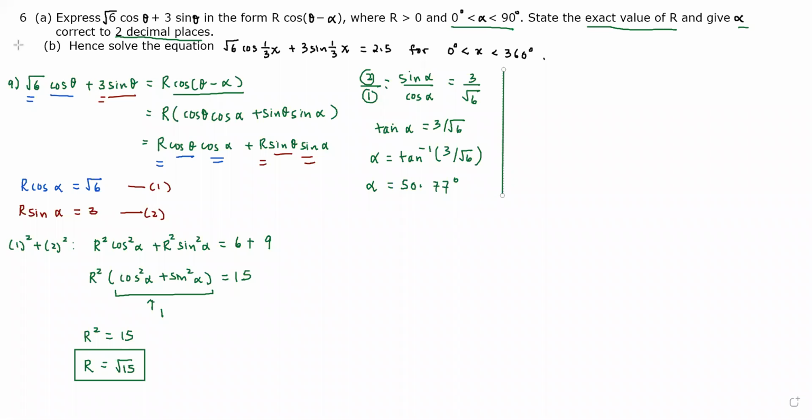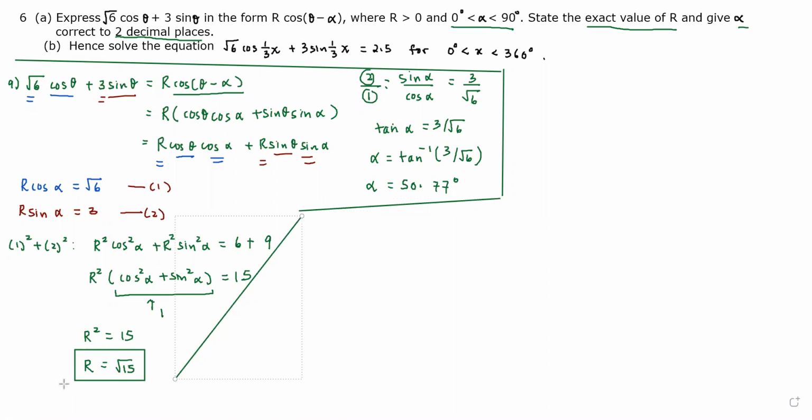Part B, we need to solve the given equation. Square root 6 cos x over 3 plus 3 sine x over 3 equals 2.5. This is similar to square root 6 cos theta plus 3 sine theta.